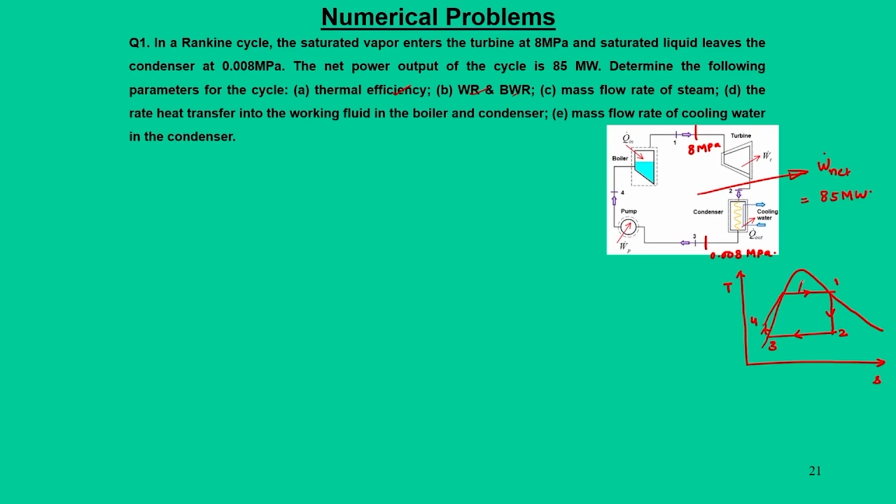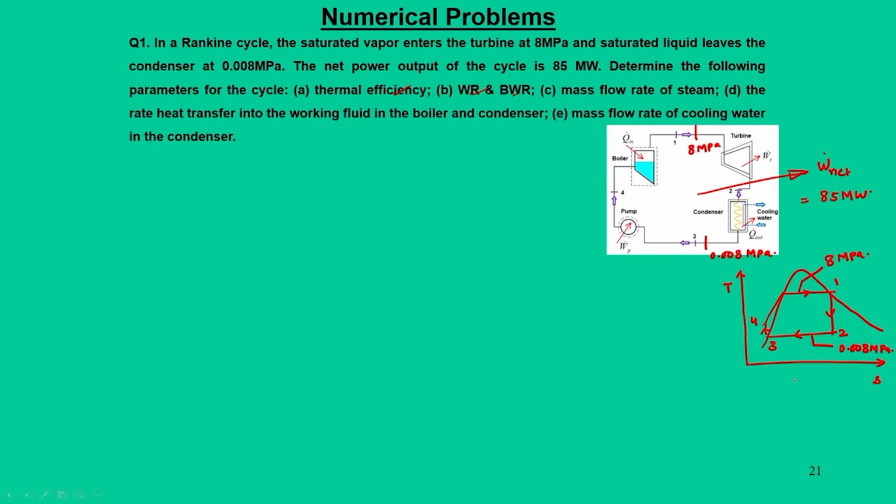This is at 8 megapascal and the condenser process is at 0.008 megapascal. We all know 1 to 2 is isentropic, 2 to 3 is constant pressure, 3 to 4 is isentropic, and 4 to 1 is again constant pressure.